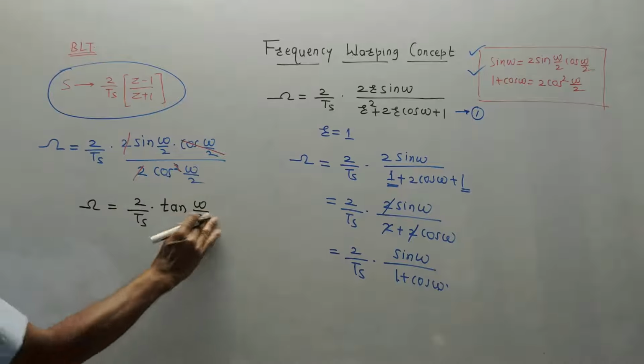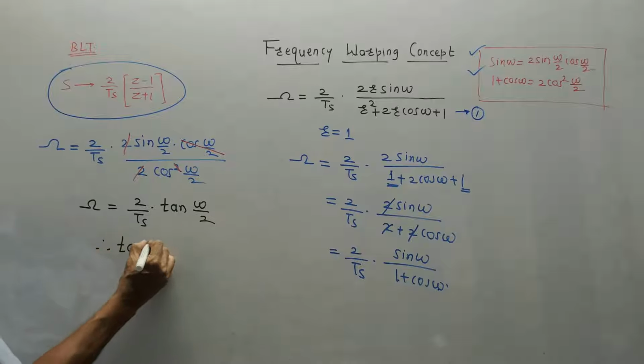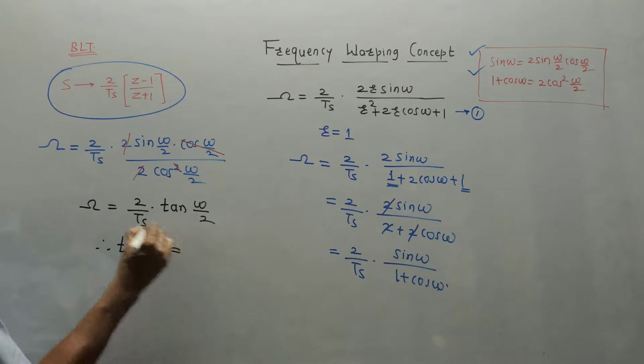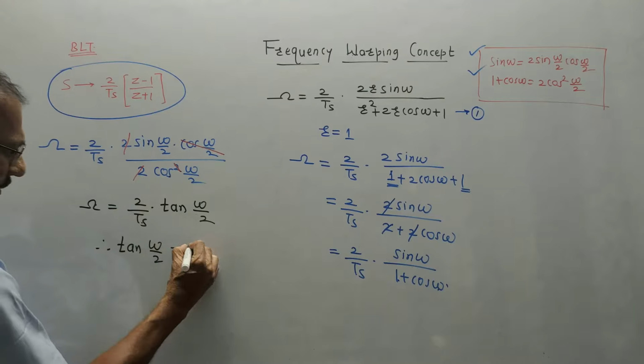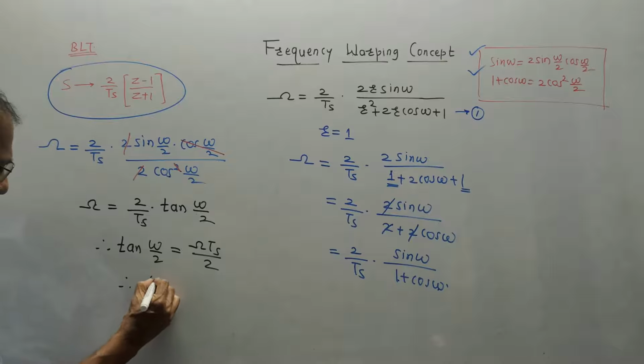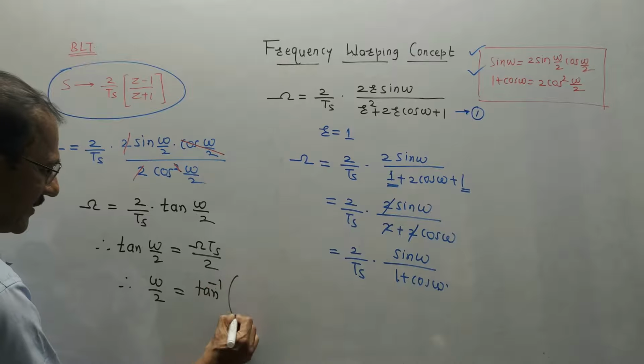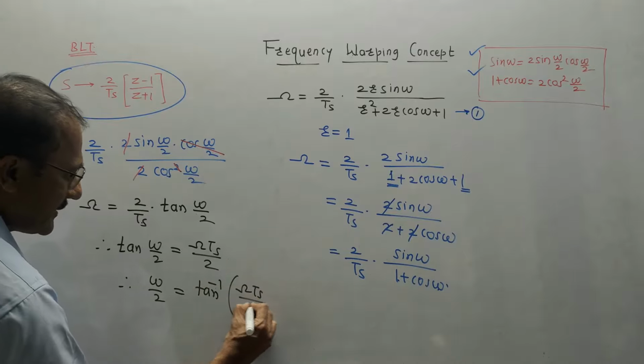Let us further rearrange this equation. It can be written as tan omega by 2 is equals to, I will transfer Ts over here, so it becomes ohm Ts by 2. Therefore, omega by 2 is equals to tan inverse of ohm Ts upon 2.